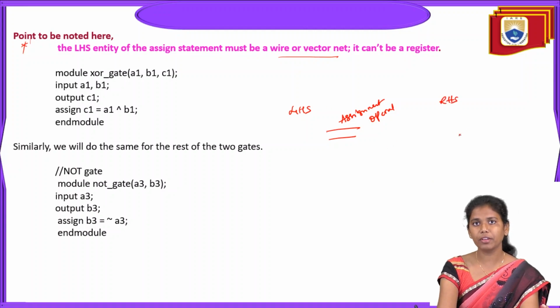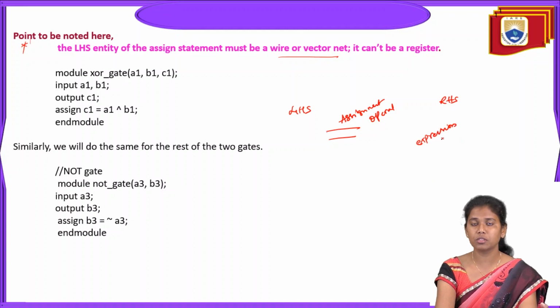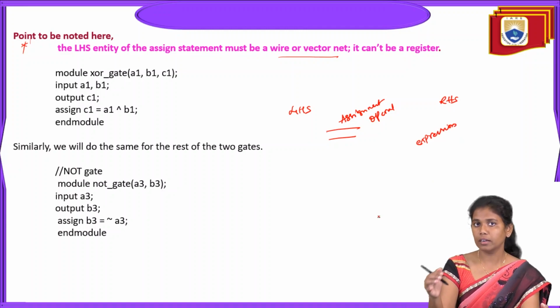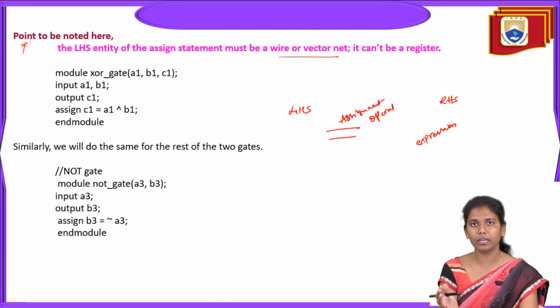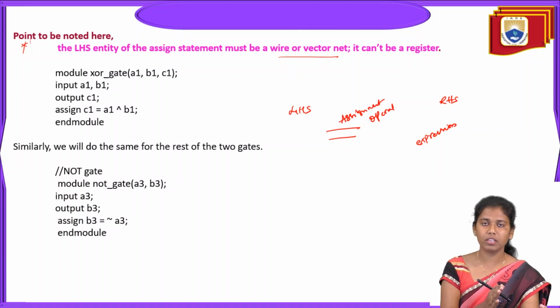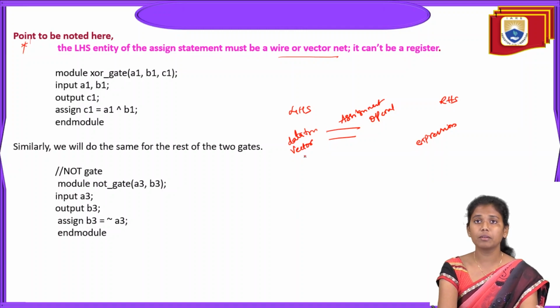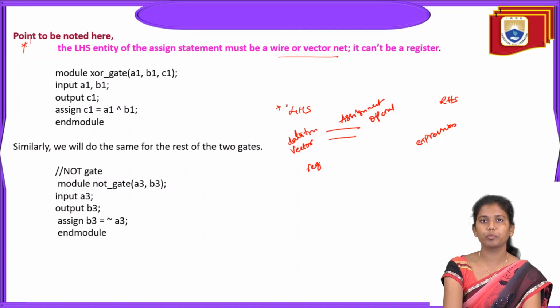On the right hand side we write the expression, whereas on the left hand side of the assignment operator we see only wires or vector nets. Some vector nets are in terms of wires, and some are in terms of registers.